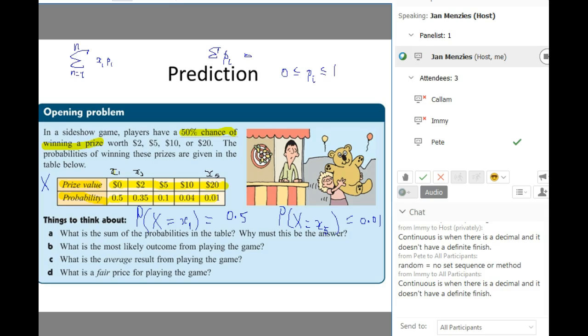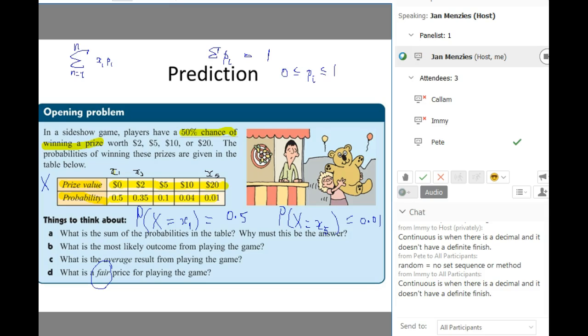All right, so we expect the sum of the individual probabilities to add up to 1, and we expect the individual probabilities of the outcomes to be between 0 and 1. That is the case, so that is a valid range of results. This is an introductory problem, and during the week you will practice doing these problems. There's a definition of fair price within the context of statistics.